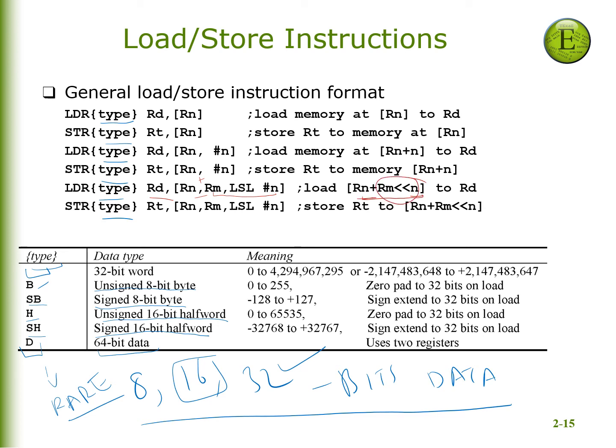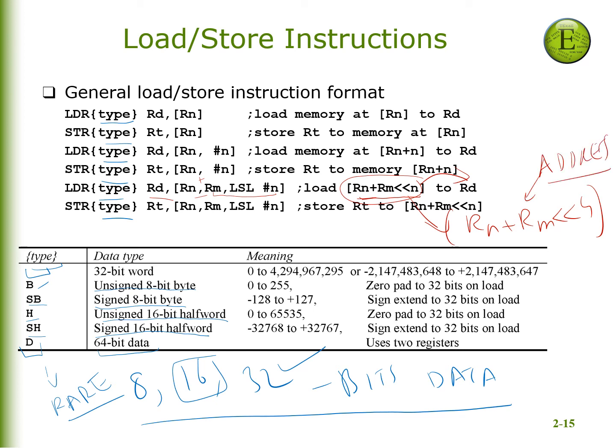So the sum of the two numbers will be referenced as an address, and we're going to go to that memory address, fetch data, and put it in RD. So the actual address is Rn plus the shifted version of Rm. That is the address. So the address calculation is important.